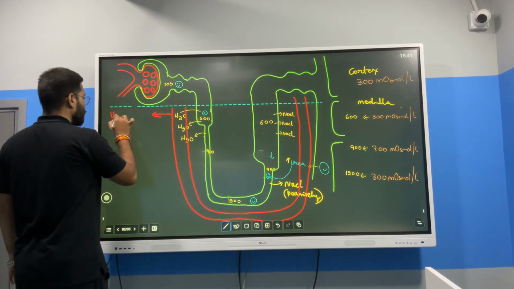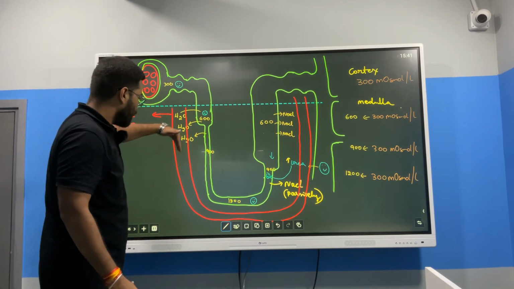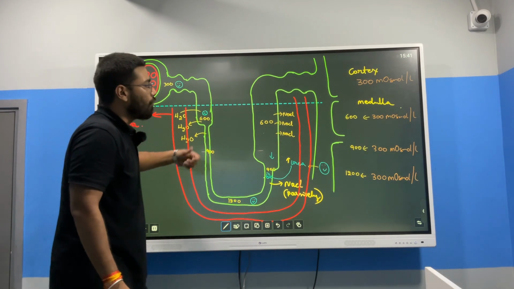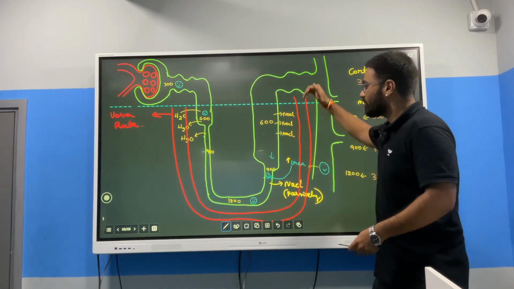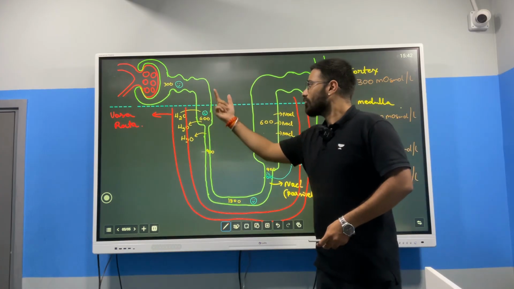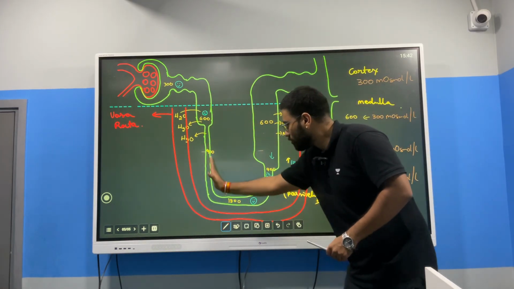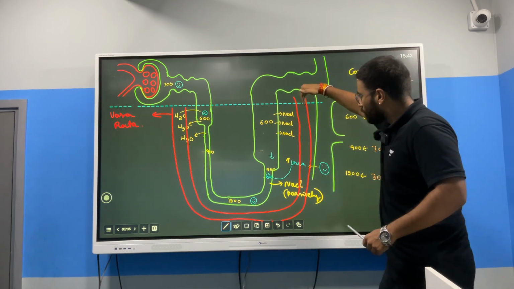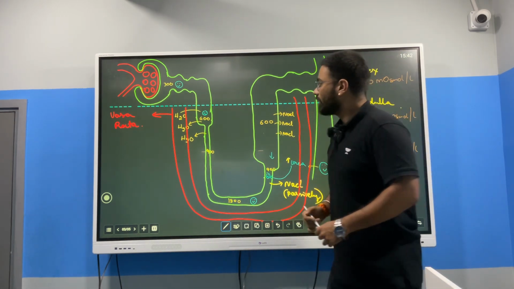So this is the descending limb, am I correct? No. Whenever you are going to draw a vasa recta, its direction is always opposite to the direction of the flow of filtrate. That means if the filtrate is flowing this way, then the vasa recta has to be drawn from the side of the DCT. Understood?